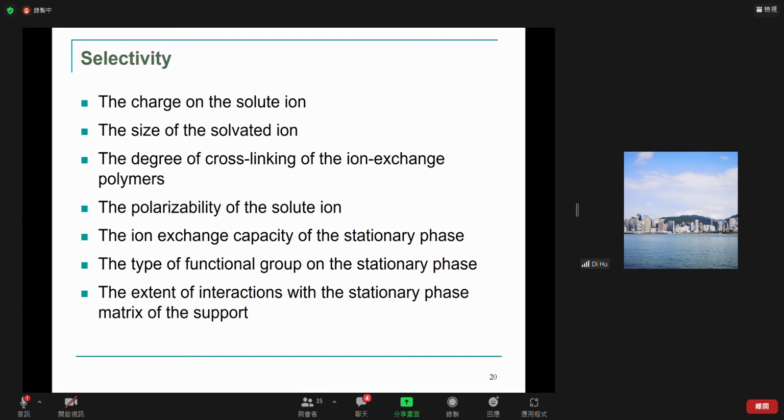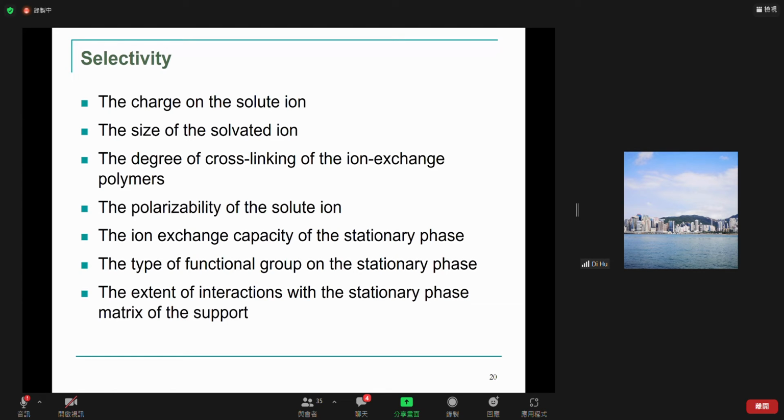Well, if you're talking about selectivity, selectivity really depends on so many different factors. It means the relative affinity of the stationary phase to different ions, right? It's quite complicated, but it's still possible to provide some approximate guidelines to judge this relative affinity of the ion exchanger to different ions.